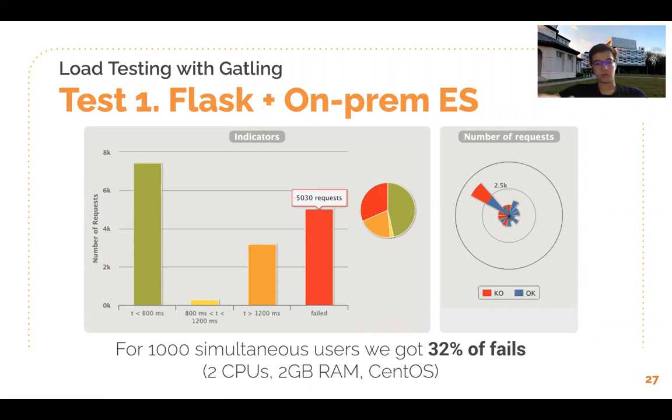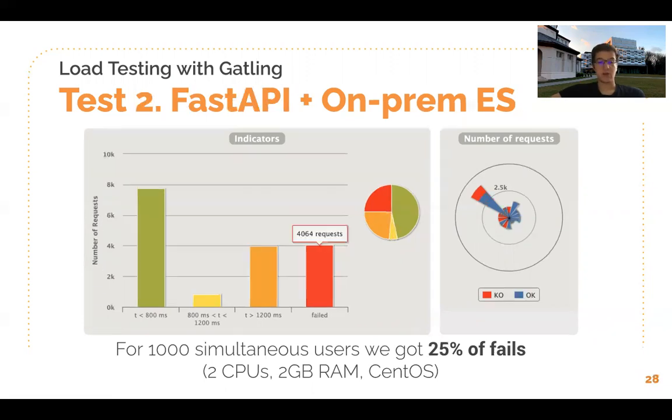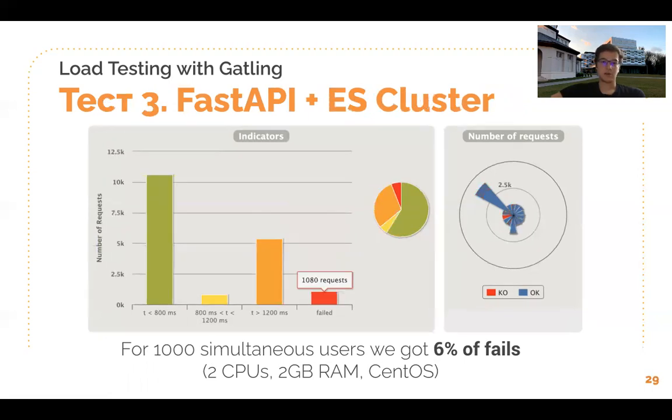And when we launched our first test, we got more than 30% fails, which is not a great result. And after switching to FastAPI, the number got reduced to 25%, still a lot. But after we switched to the Elasticsearch cluster, it greatly improved performance, and we got only 6% fails.